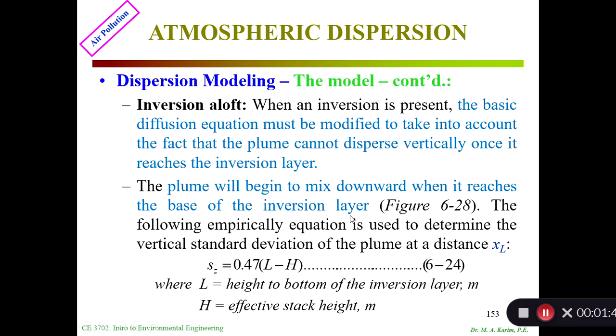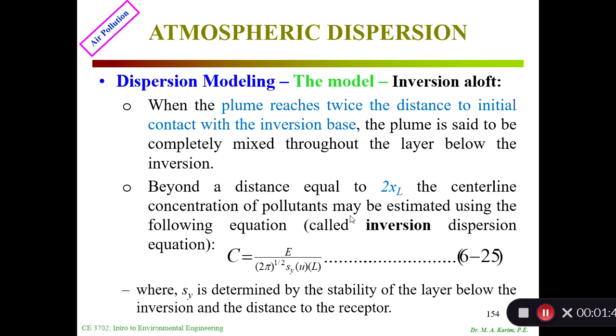So I think I have a picture to show you maybe somewhere. When the plume reaches twice the distance of initial contact with the inversion base, the plume is said to be completely mixed throughout the layer below the inversion. Beyond a distance equal to 2XL, the center line concentration may be estimated using a simple equation.